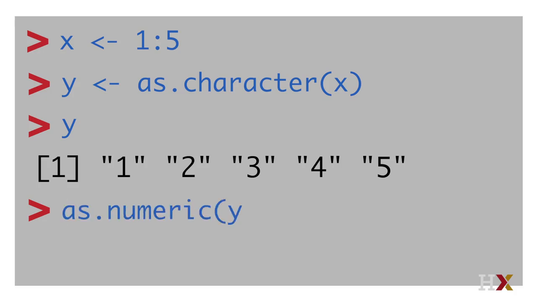We can turn them back using the as.numeric function, which converts characters or other data types into numeric variables. This function is actually quite useful in practice because many public data sets that include numbers include them in a form that makes them appear to be character strings.